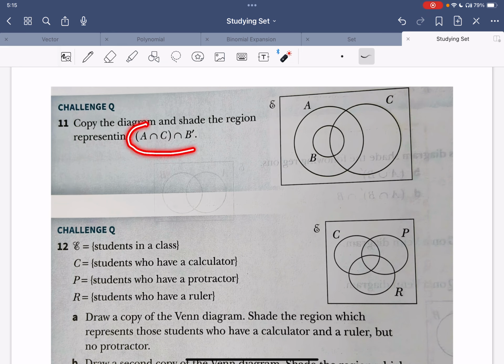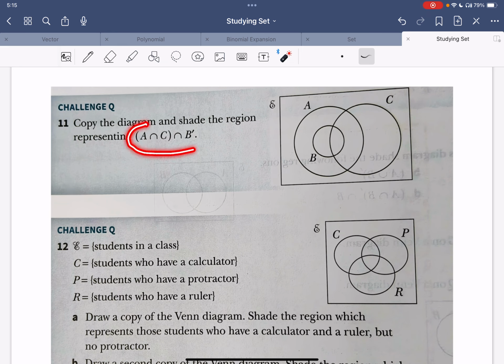Firstly, we can draw it together. Let's shade the shaded area. The intersection of A and C. Where is that area? This one, right? So this one is the intersection between A and C.